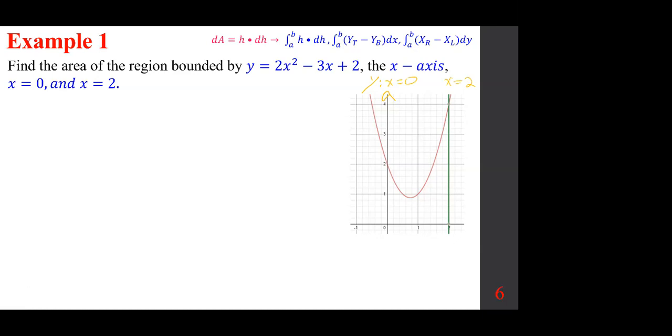So what is the region we are interested in? I'm going to shade the region. This is what we want, everybody. And by the way, this is the vertex, x equals minus b over 2a, using quadratic functions.